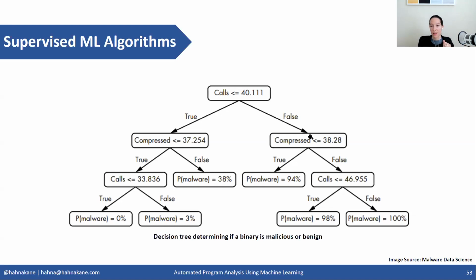So let's say we took this path instead. False, I'll ask the question, for this binary, is the amount of compressed data less than or equal to 38%? If it's true, then it's like, okay, I am very confident with 94% probability this binary is malware, and it can stop its analysis, right?